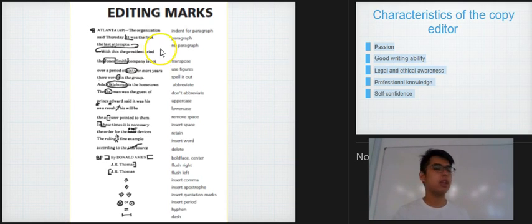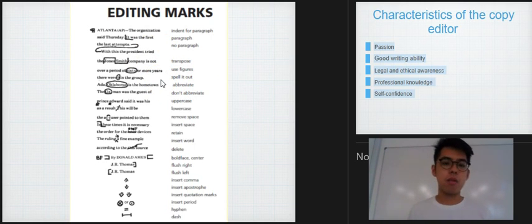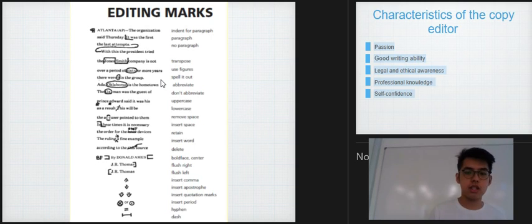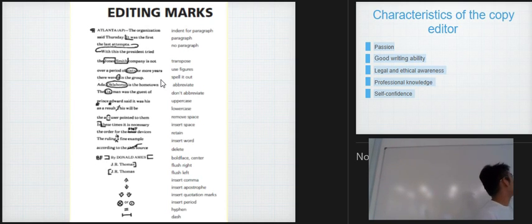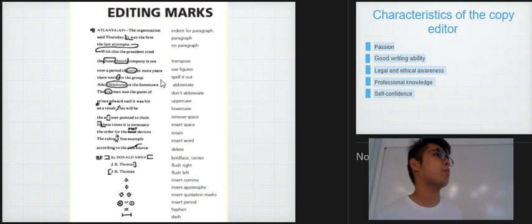Also, sometimes we need to use uppercase, and sometimes lowercase. Sometimes we need to remove space, and sometimes we need more space. These editing marks listed, we need to master, and we need some practice to master them.